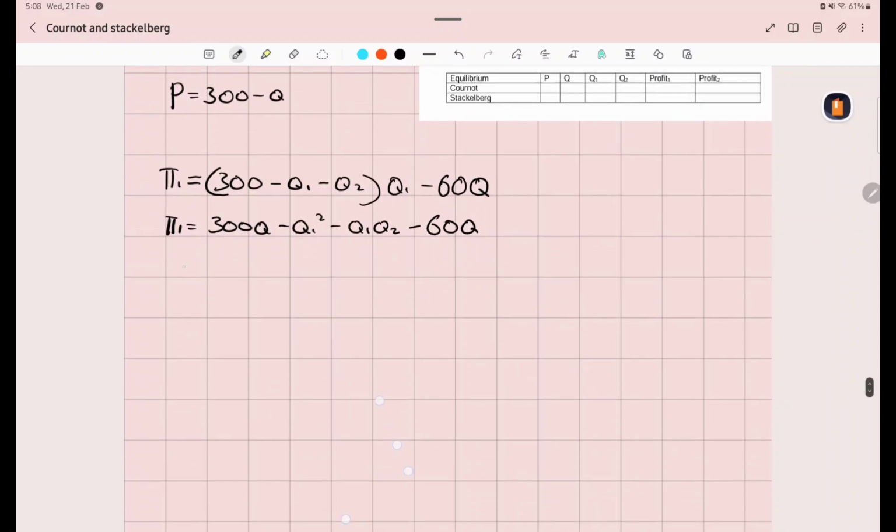Combining like terms. Taking the derivative with respect to Q1. Setting that equal to 0.